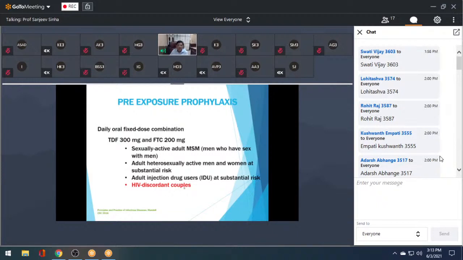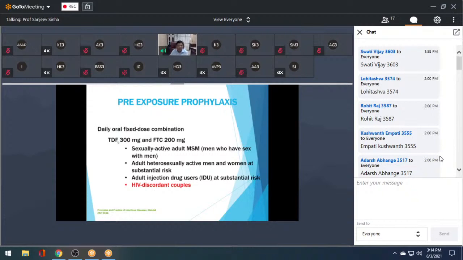So these are some indications where we start pre-exposure prophylaxis, and this kind of new regimen is used by different societies in the USA and recently is in process in NACO also.